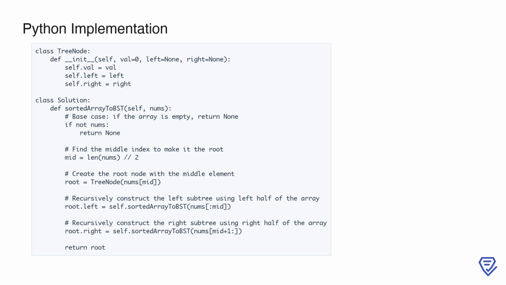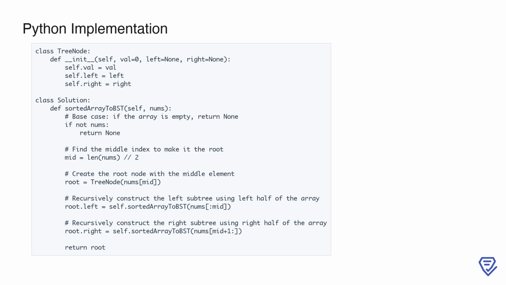The left subtree is constructed by passing the left half of the array, nums[:mid], to a recursive call. The right subtree is constructed by passing the right half of the array, nums[mid+1:], to another recursive call. 6. Return the root. After constructing the left and right subtrees, the root node is returned, which now represents the root of the balanced BST.